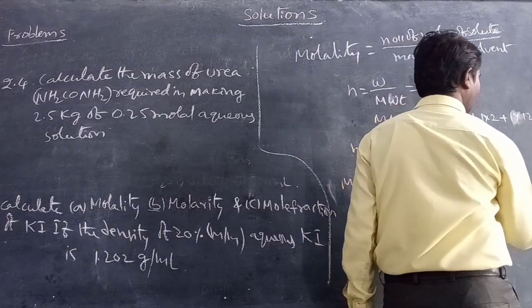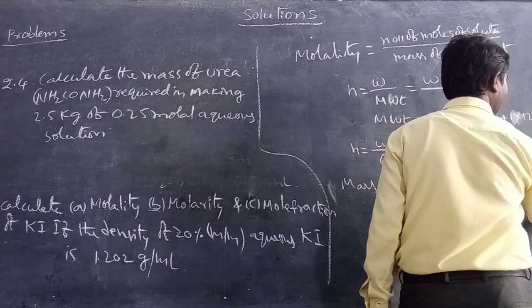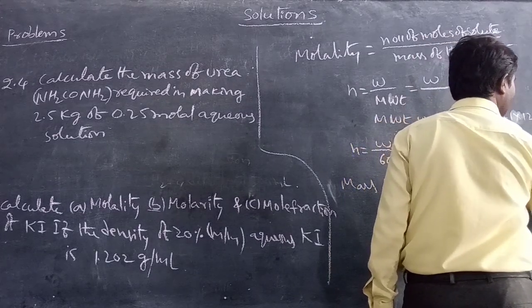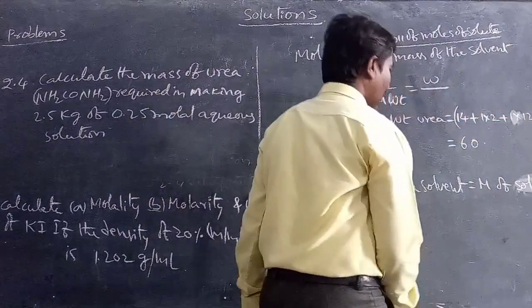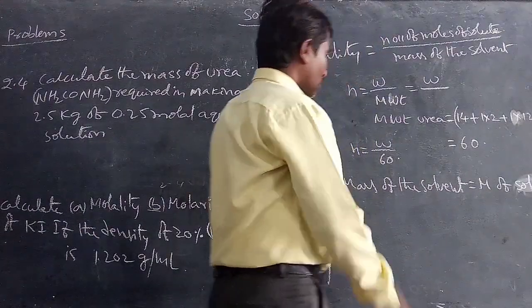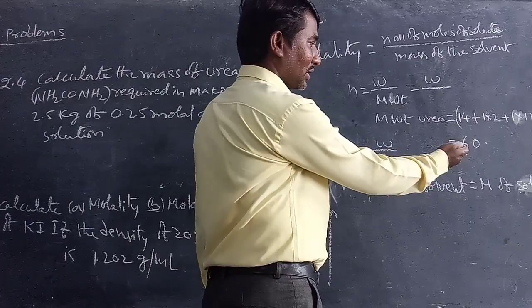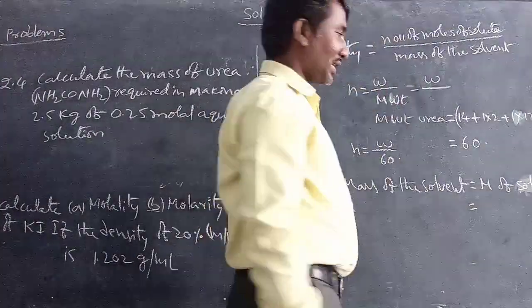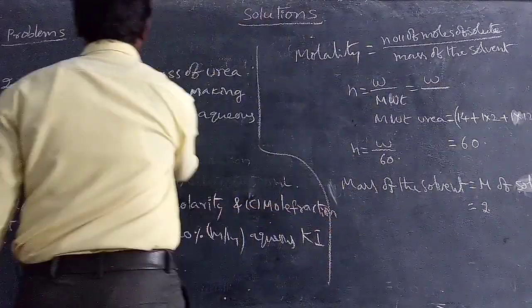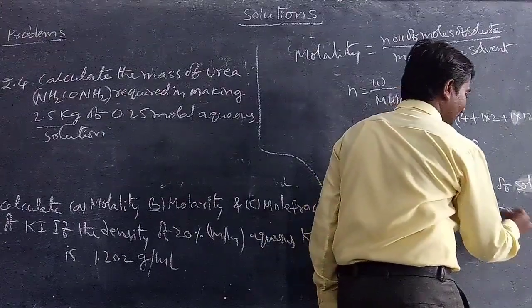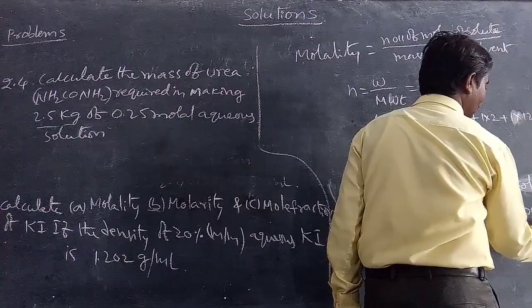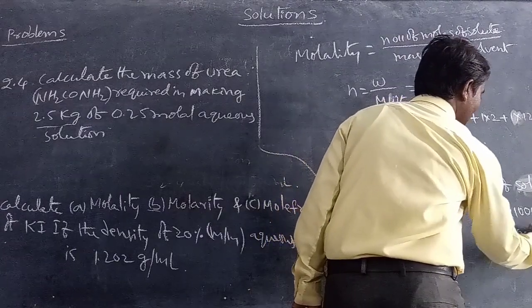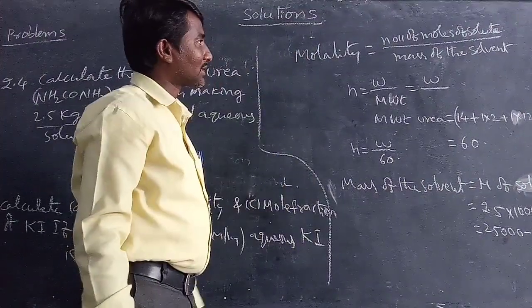Then mass of the solution, how much is given? 2.5 kg, which converted to grams is 2500 grams. So 2500 minus W. That is the mass of the solvent.